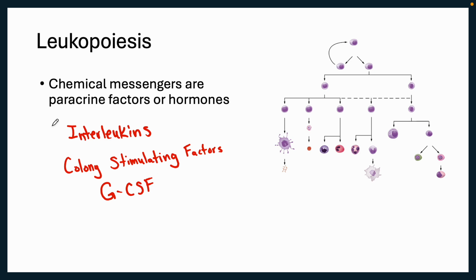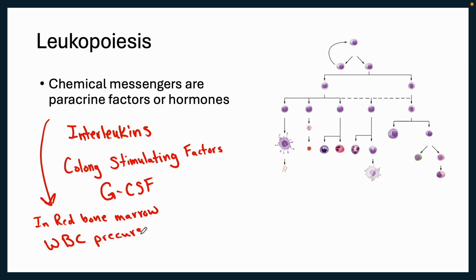These paracrine and hormonal factors are going to be produced by supporting cells in the red bone marrow and by white blood cells.